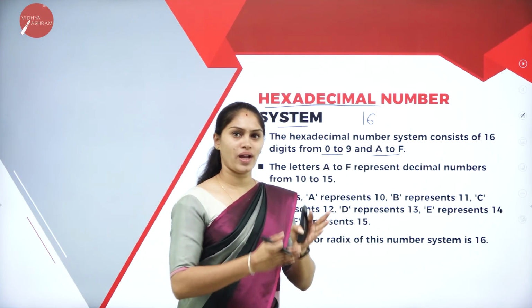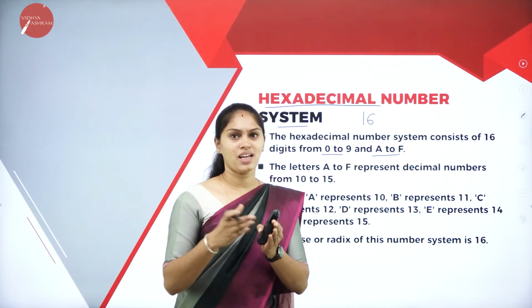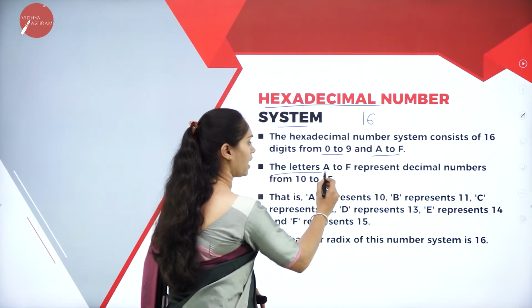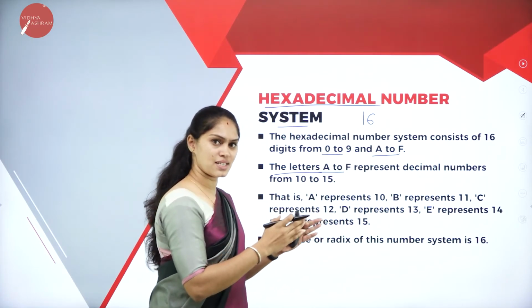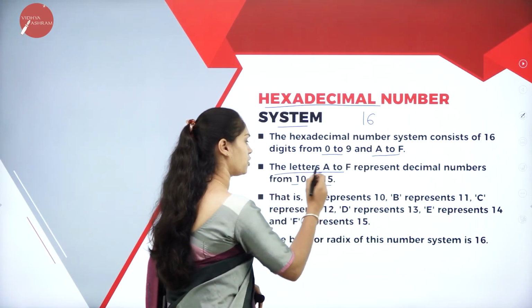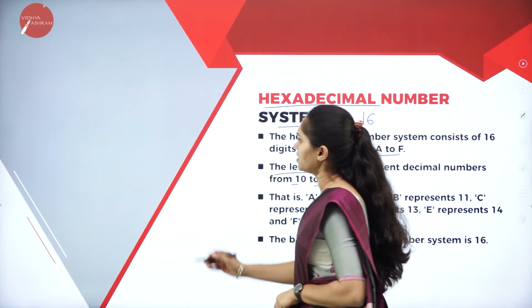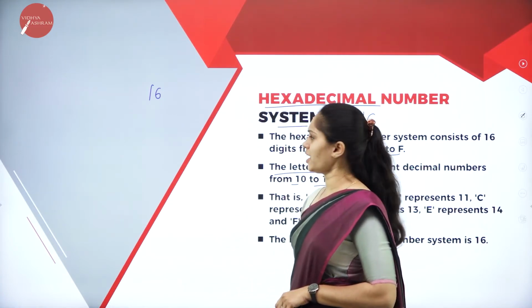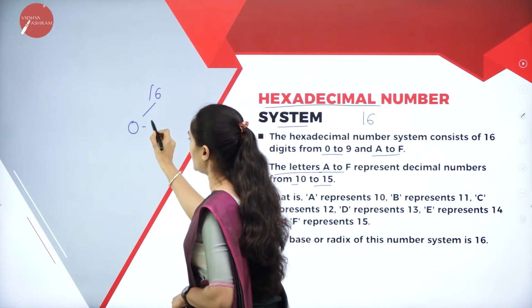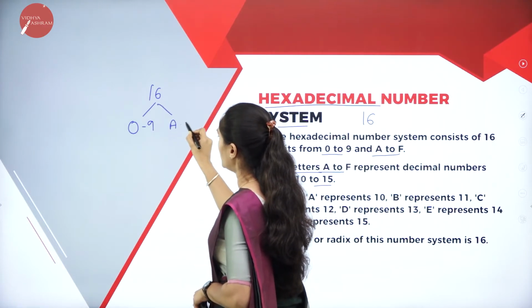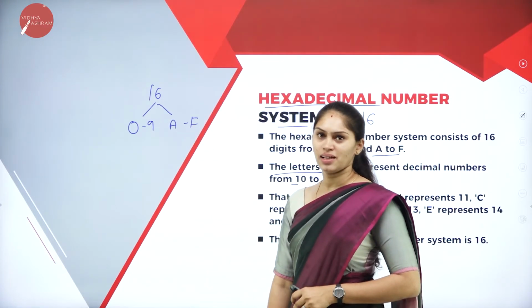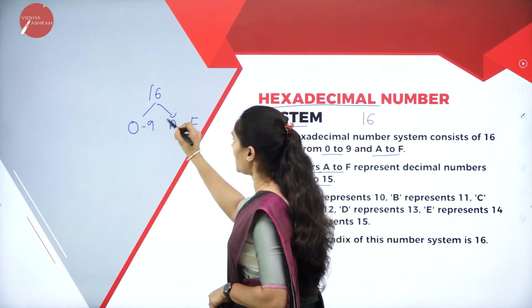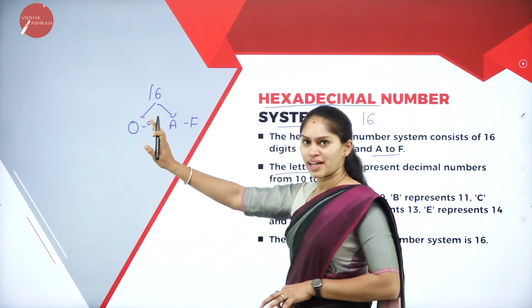It has to be between 0 to 9, and the remaining values will be from A to F. The letters A to F represent the decimal numbers equivalent to 10 to 15. Remember, this hexadecimal number system consists of 16 digits, further classified into 0 to 9 and A to F.